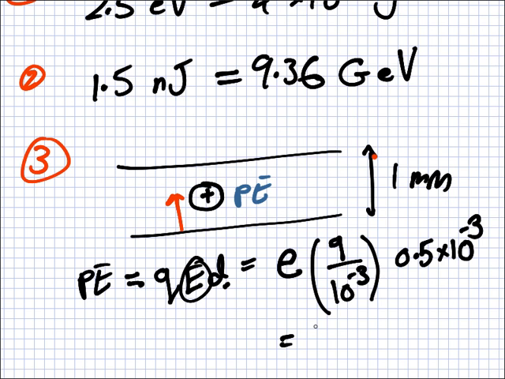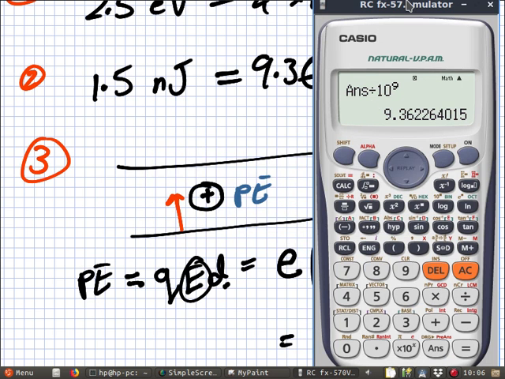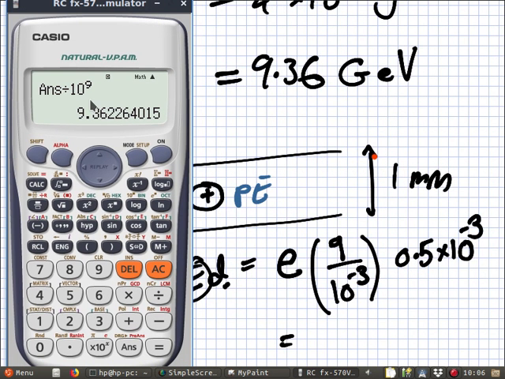Okay. Let's see what we get there. Pretty small. Oh, and I said I want the answer in electron volts. So divide by E. So 4.5 electron volts.